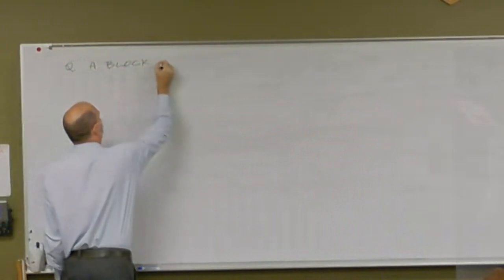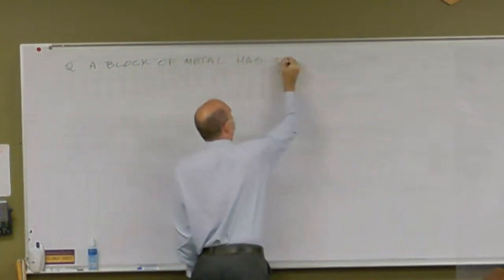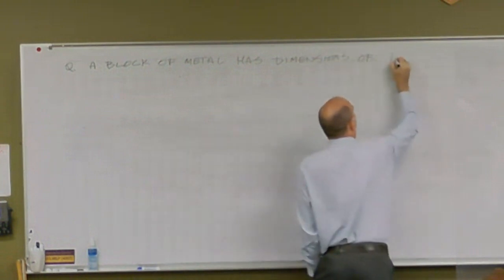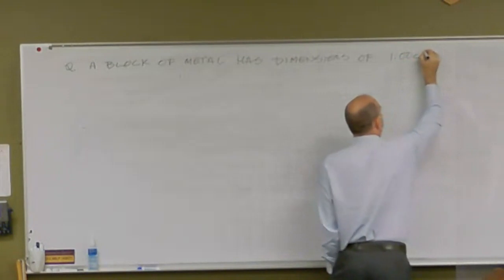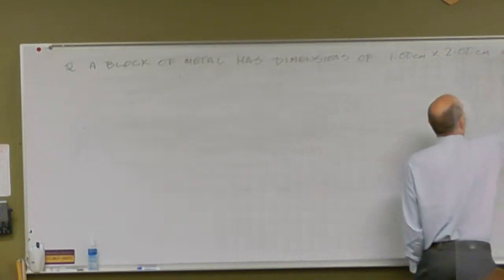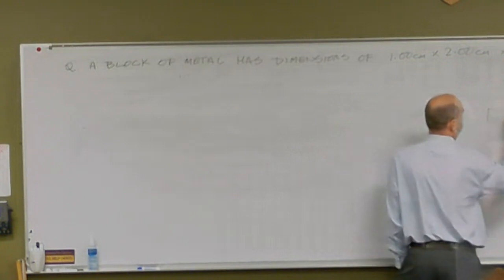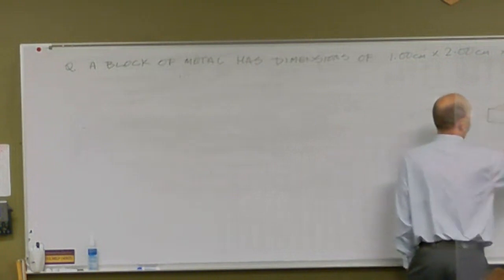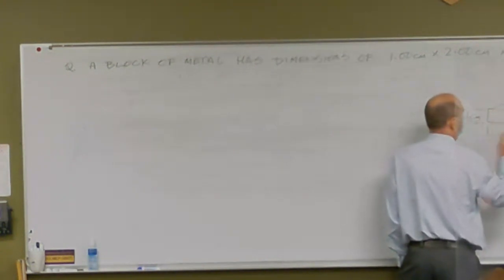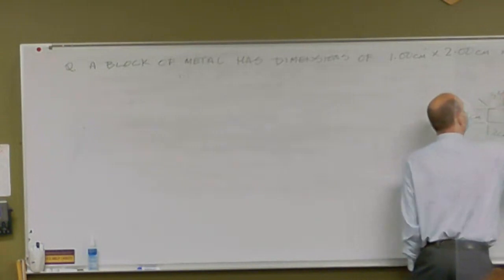A block of metal has dimensions of 1 centimeter by 2 centimeters by 3 centimeters.